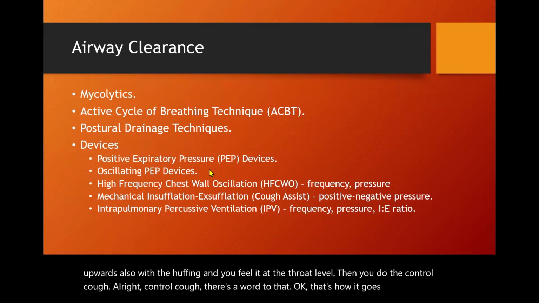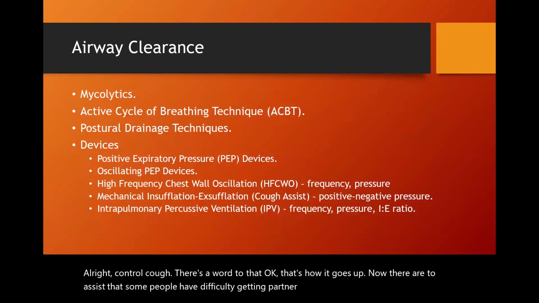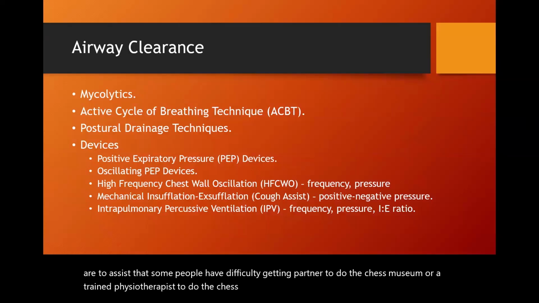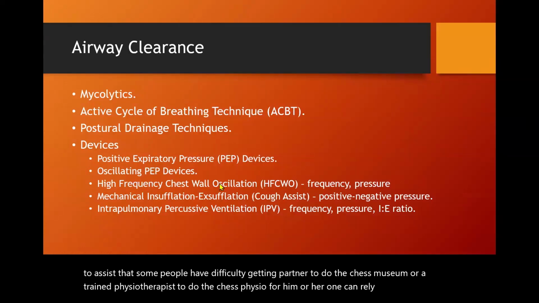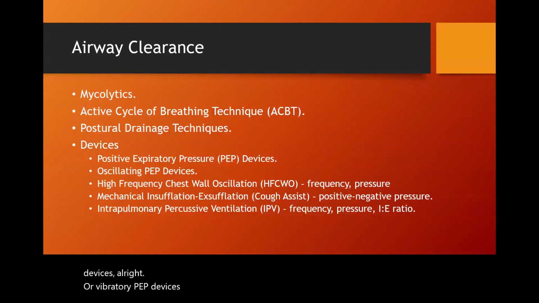Now, to assist that, some people have difficulty getting a partner or a trained physiotherapist to do the chest physio for him or her. One can rely on oscillating PEP devices, or vibratory PEP devices, positive expiratory pressure devices.